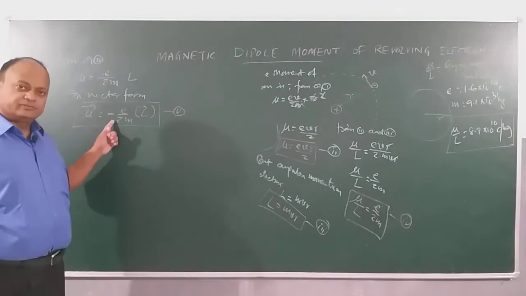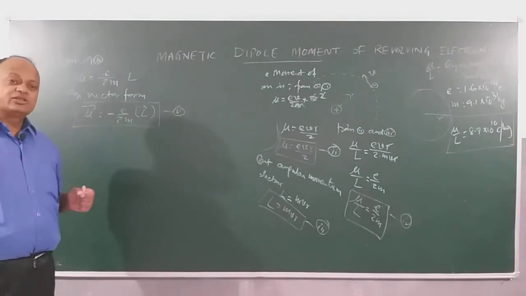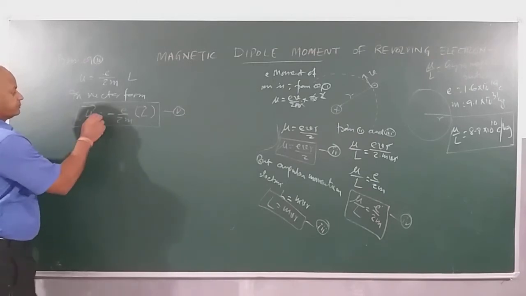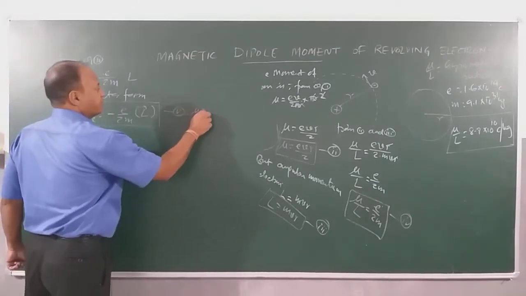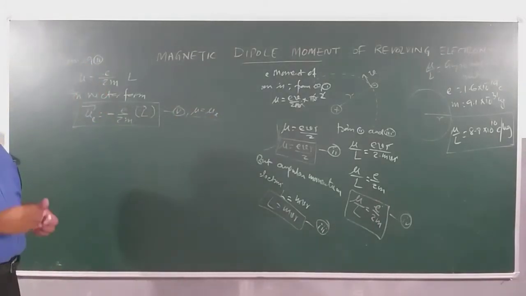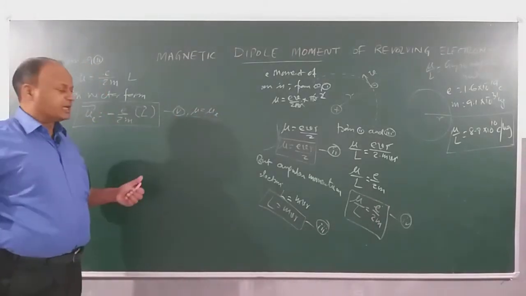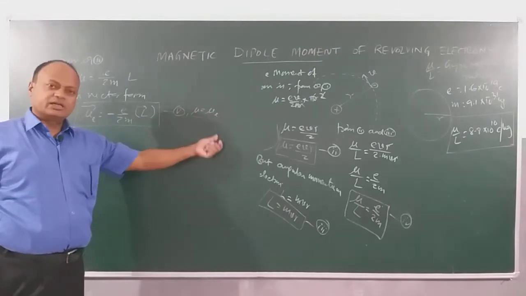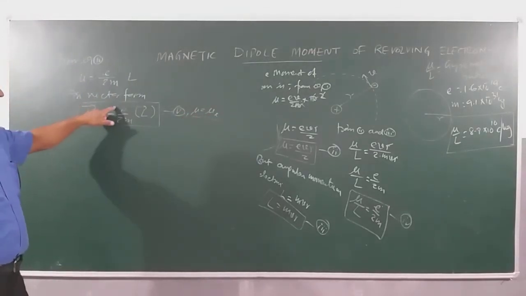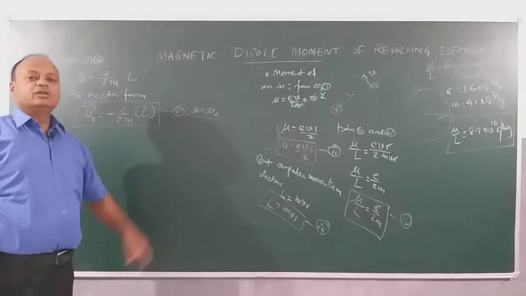Negative sign here. The negative sign shows mu can be written as mu L also, where mu is the same as mu L. This is the angular dipole moment or magnetic dipole moment, same terms. So angular dipole moment or magnetic dipole moment is minus e by 2m into angular momentum.